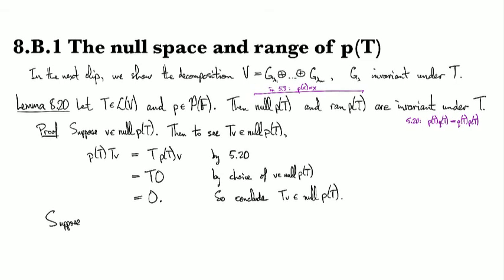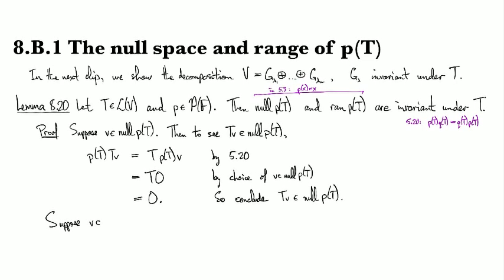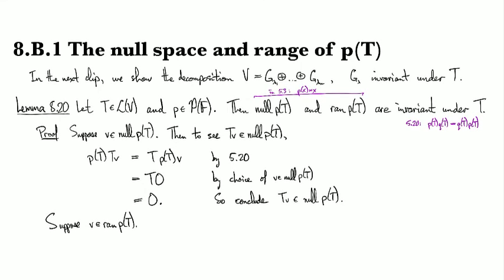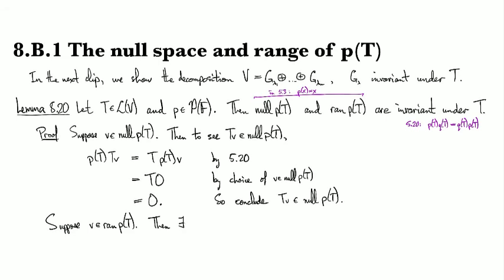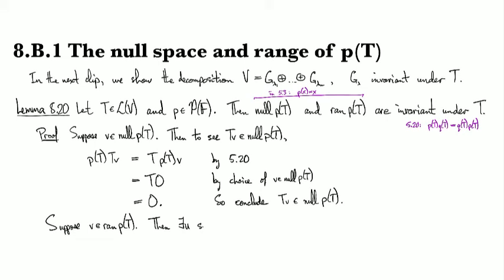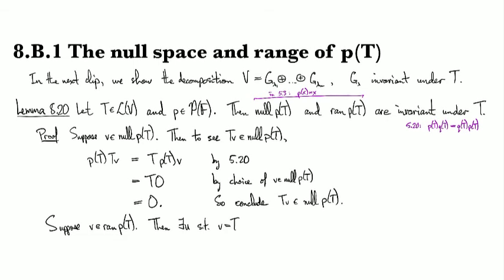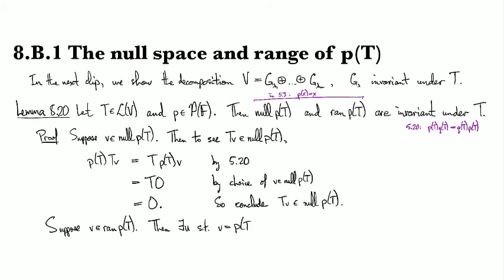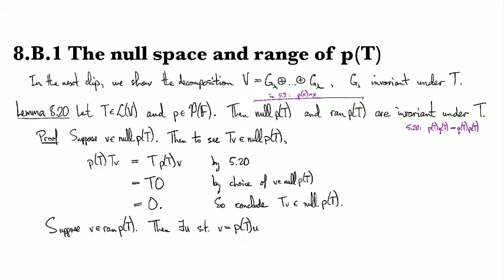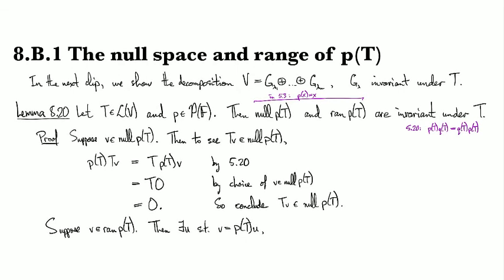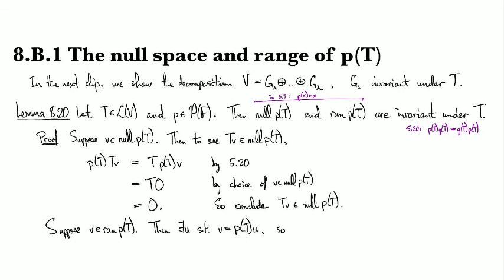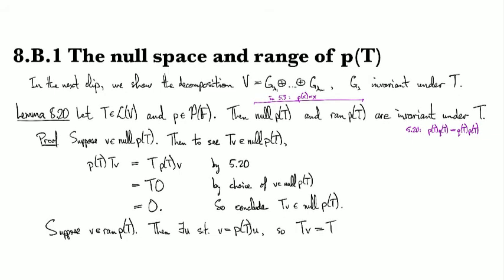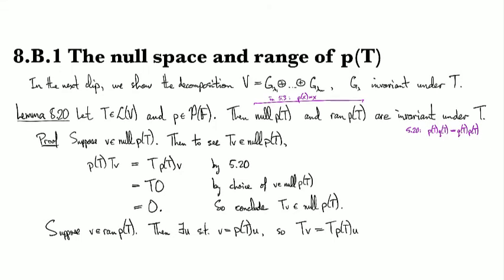So now we just need to check the range, and it's basically the same kind of argument. Suppose v is in the range of P(T). Well, then that means that there's some u that gets mapped to it by P(T). So if we now apply T to v, then that's applying T to P(T)u.